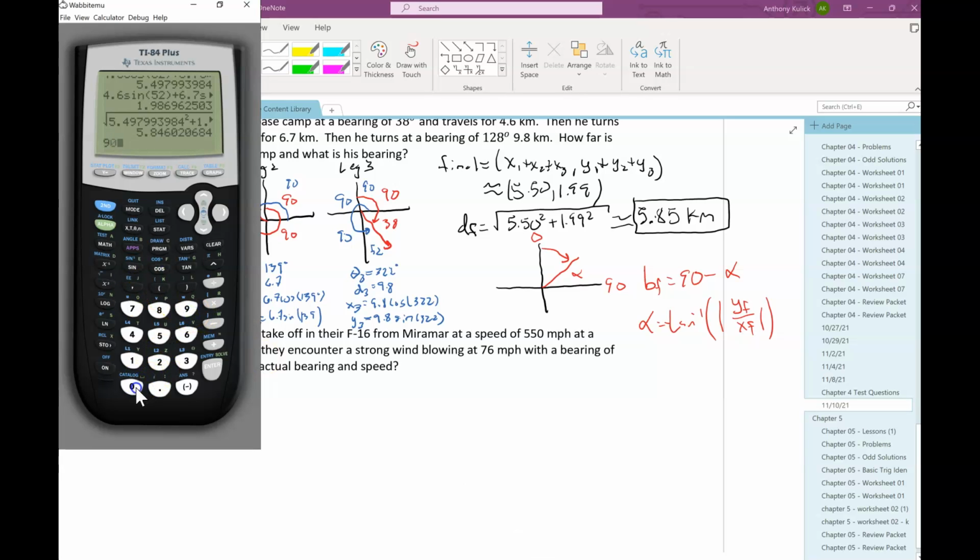So 90 minus tan inverse. I'm dropping the absolute value when I'm typing this into my calculator because both y and x were positive, so that doesn't matter. Or you can think about doing it in your head, whatevs. So I get 70.13 degrees.